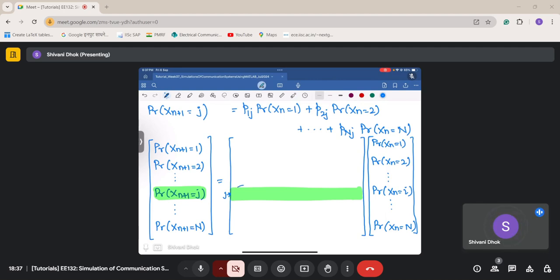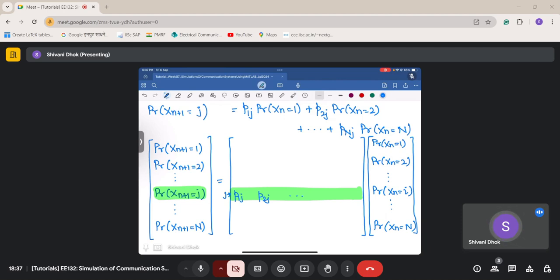The first element here will get multiplied by the probability of xn equal to 1, and what gets multiplied by it is p1j. Then the next term is p2j into the probability of xn equal to 2, and so on.